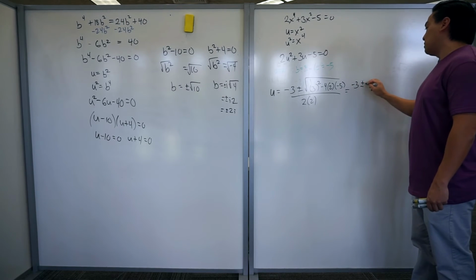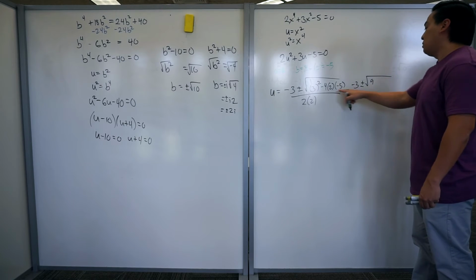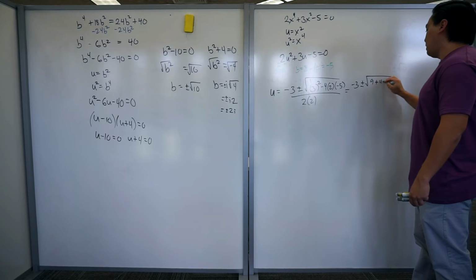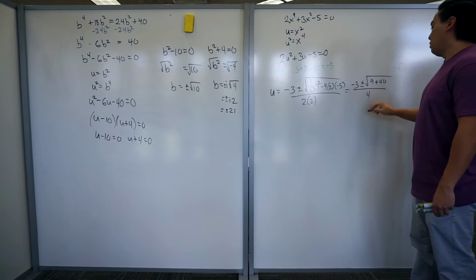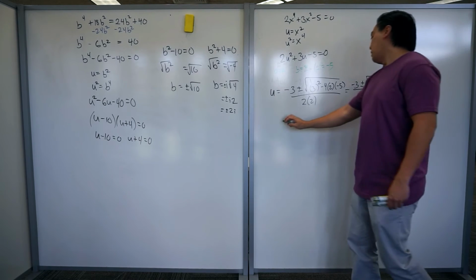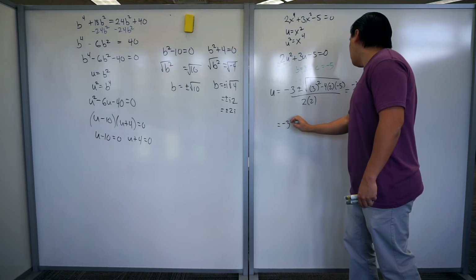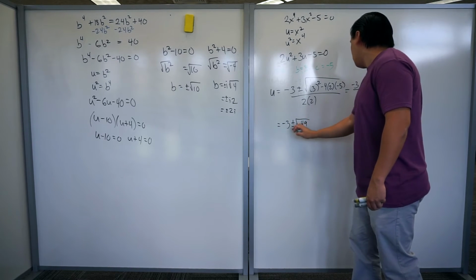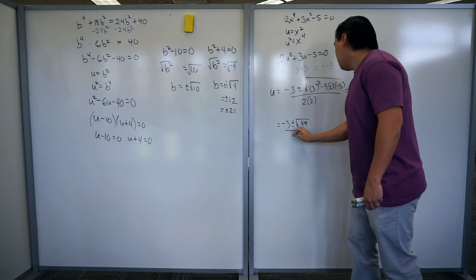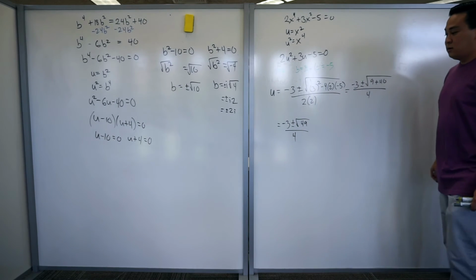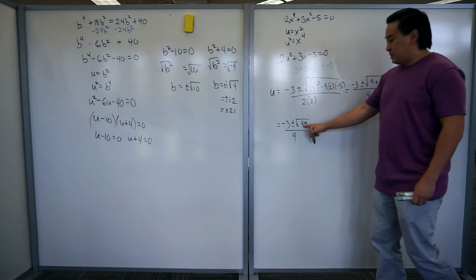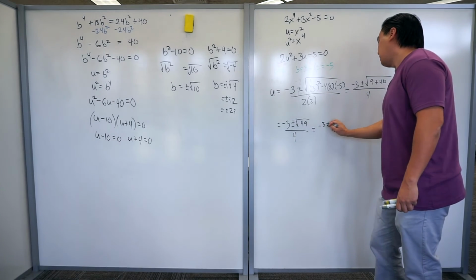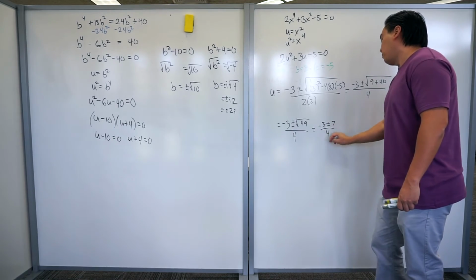Negative 3 plus or minus the square root of 9 plus 40, over 4, and then we get negative 3 plus or minus the square root of 49 over 4. Okay. 49 is 7, so this is negative 3 plus or minus 7 over 4.